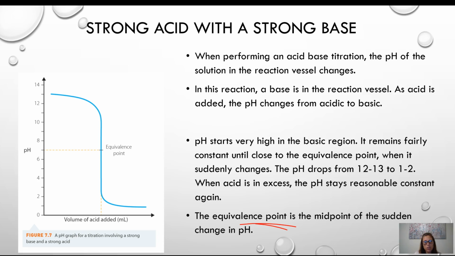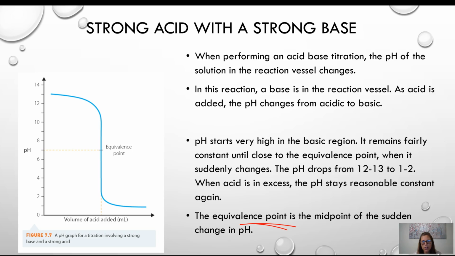You can see here it's dropping from about 10 or 11 straight down to a 2 or a 3, and now the hydrogen ions are in excess, and the more we add, it's gradually changing but not a significant amount. But we can use this curve to work out where our equivalence point is, and our equivalence point is at the midpoint of where we see that sudden change or drop.